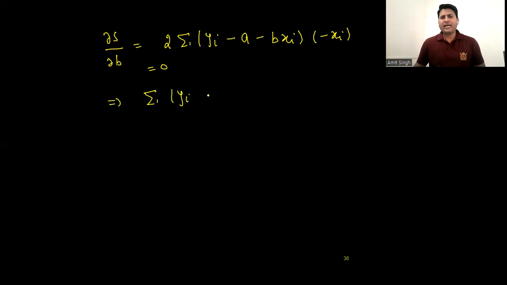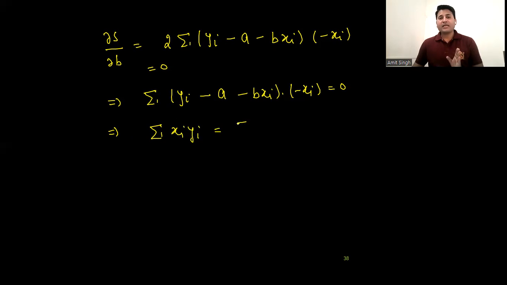Summation (yi − a − bxi) times minus xi equals 0. The minus can be cancelled out. Multiply by xi: summation xi yi equals summation a xi plus summation b xi².